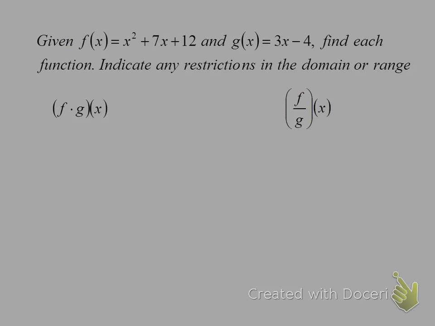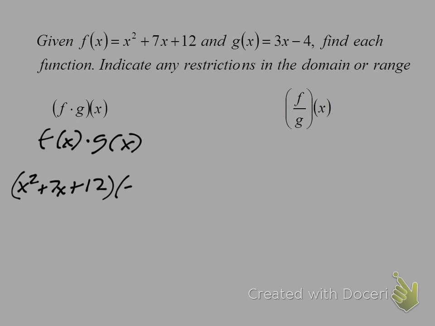So f times g of x, once again I would just switch your notation to f of x times g of x like that, and then plug each in and get ready for a trinomial times a binomial.